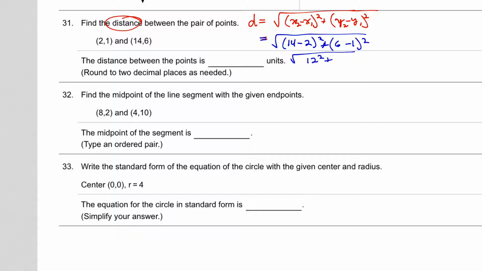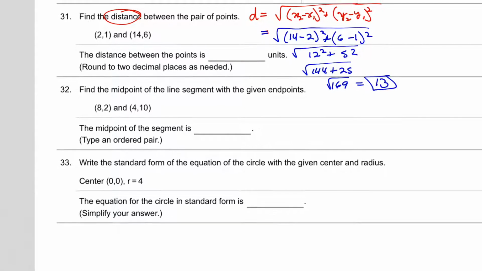So we have 12 squared minus 5 squared, 144, plus 25, which equals 13. Okay, let's do midpoint.